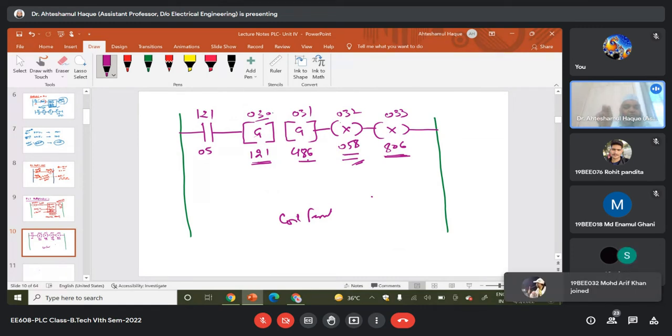Since two crosses are coming, it shows that the result is a 16-bit number. It is not an 8-bit number. Okay. So that is the meaning.